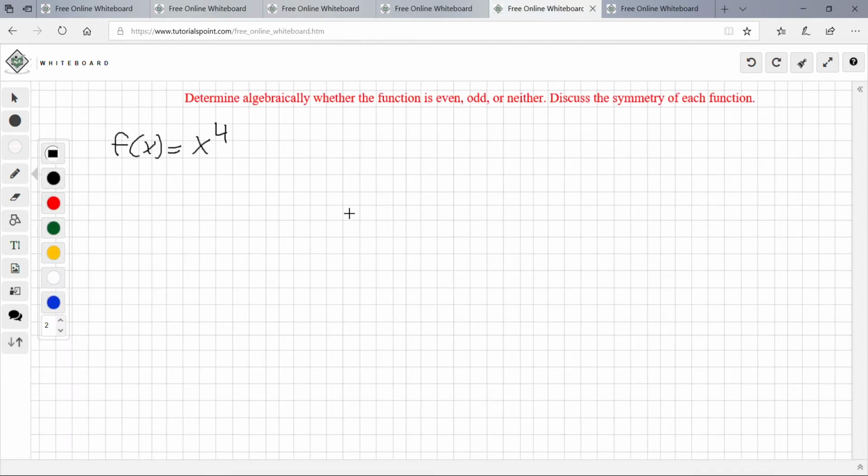So let's graph y equals x to the fourth. Y equals x to the fourth kind of looks like x squared, but it's a little bit wider, right? So this is approximately what x to the fourth looks like.